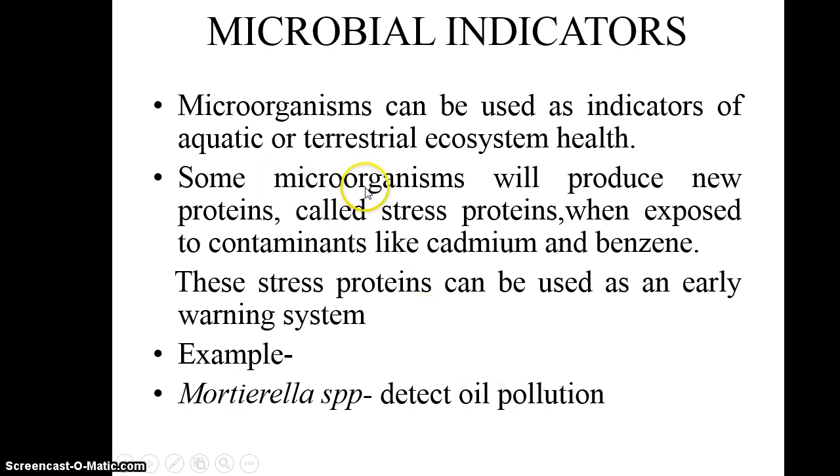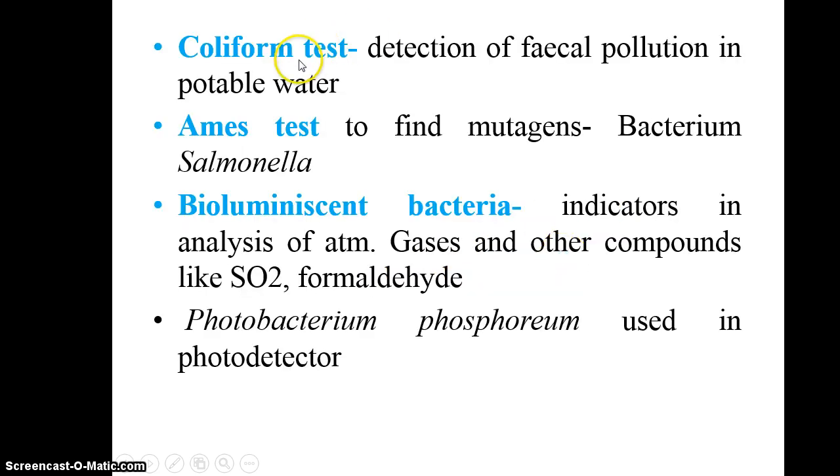Some microorganisms produce stress proteins that are used as an early warning system. For example, they produce stress proteins when they are exposed to contaminants or pollutants like cadmium and benzene.